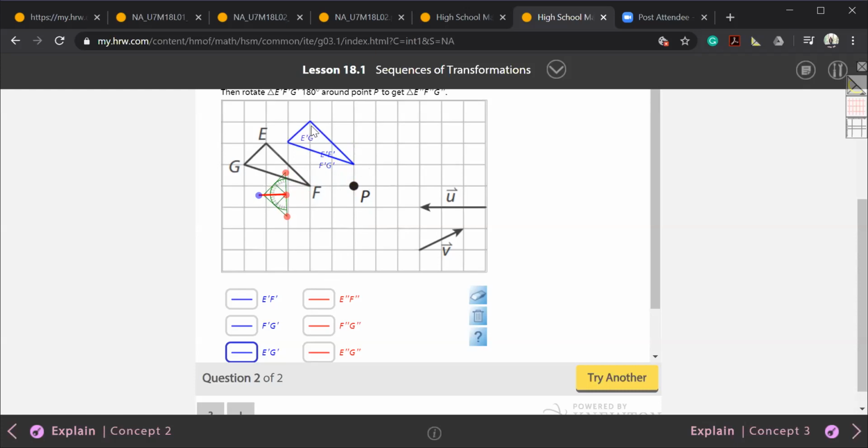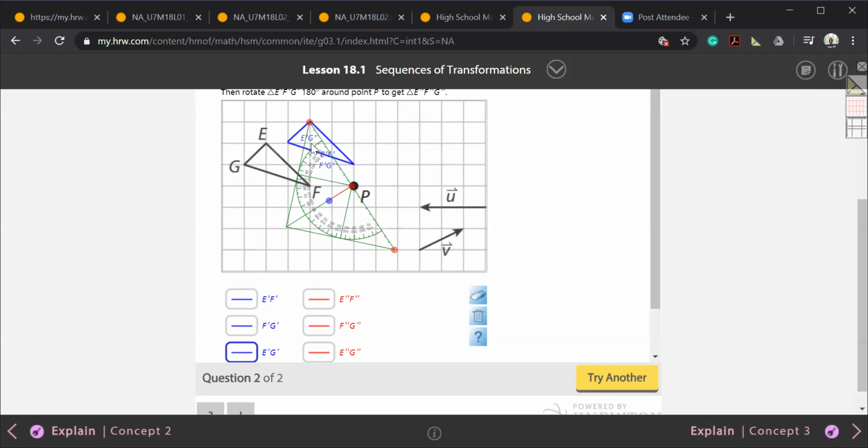Let's see, what about E double prime? Center on the center. Yes, we found it. Where is E prime? E prime will be there, exactly as if you are moving 180 degree, a complete protractor, starting from here. So it's going to be there. Why is it not there?